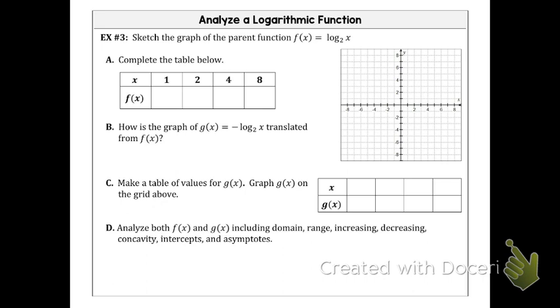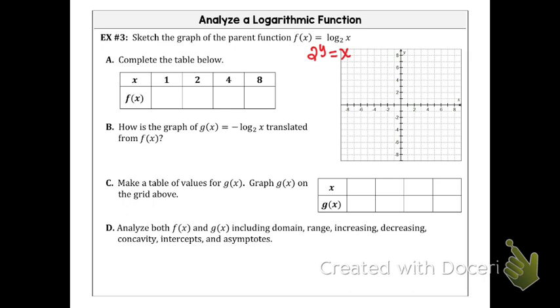All right, example 3. Sketch the graph of the parent function f of x equals log base 2 of x. So remember, log base 2 of x is the same as 2 to the y equals x.